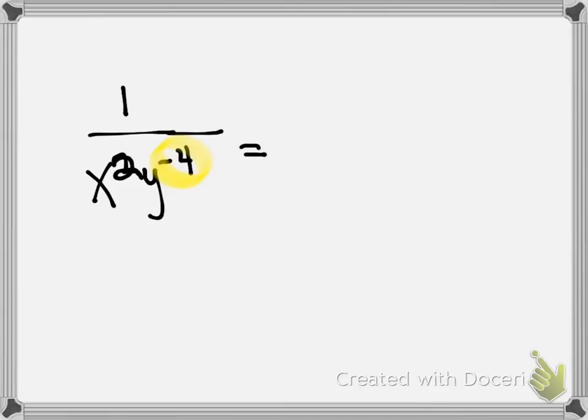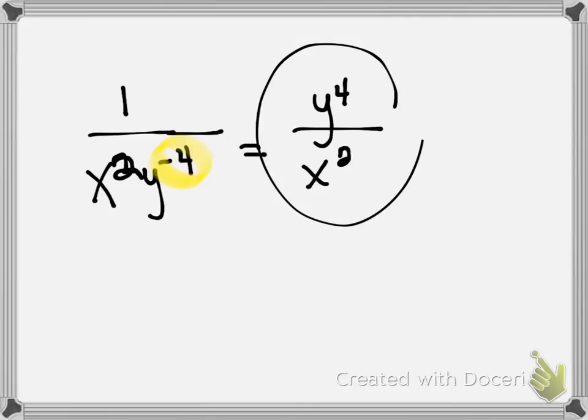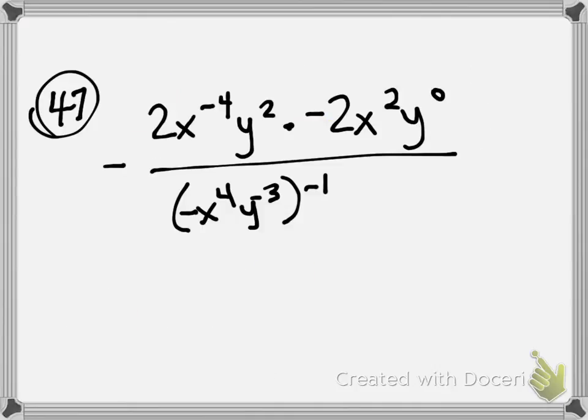So the y to the negative 4 will go to the top and become a y to the 4th and leave the x squared in the bottom. And now everything is positive, and we've simplified it. That may be something new. Just remember it. Now, I have 2 negative exponents here, but there's a lot of simplifying I can do before I mess with those exponents.